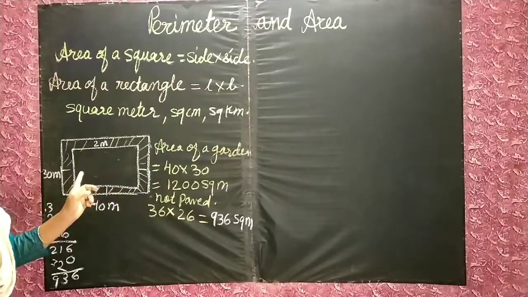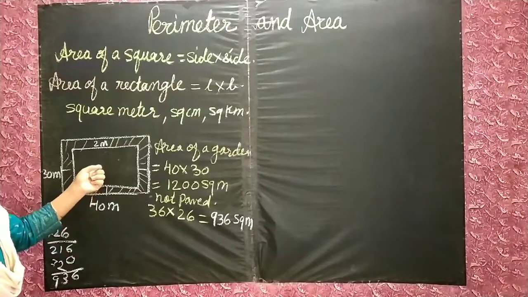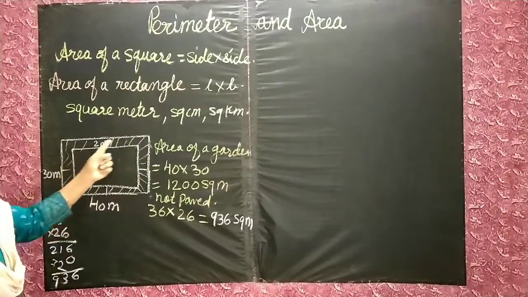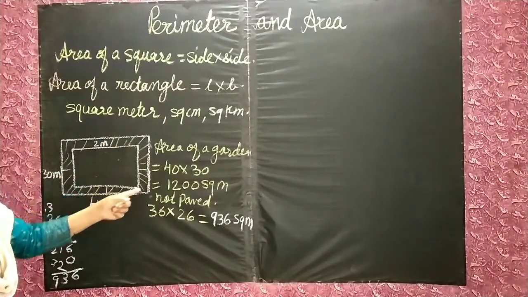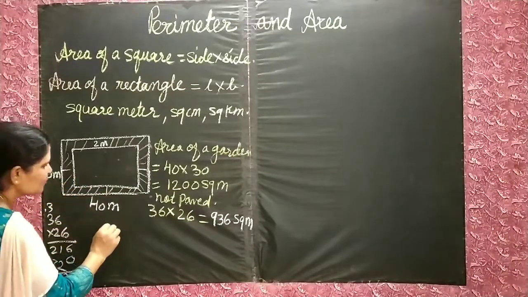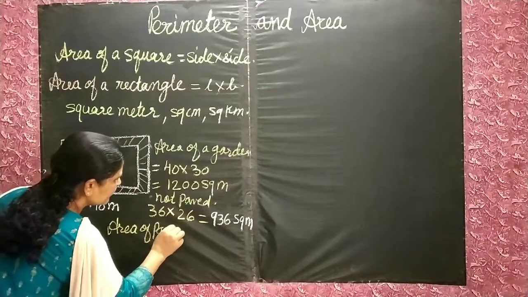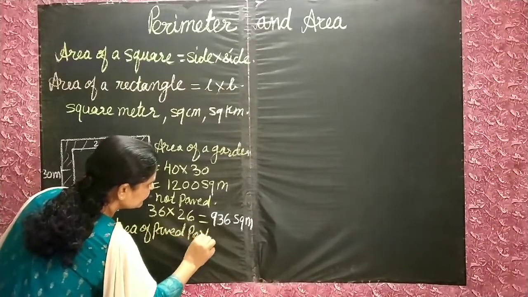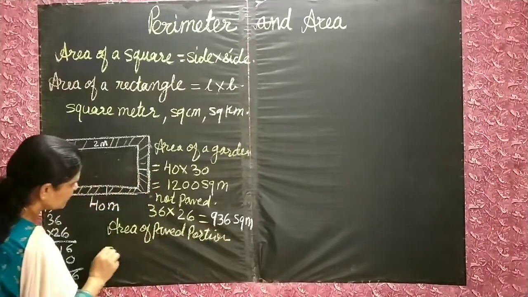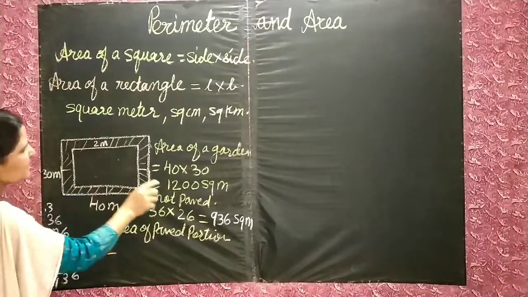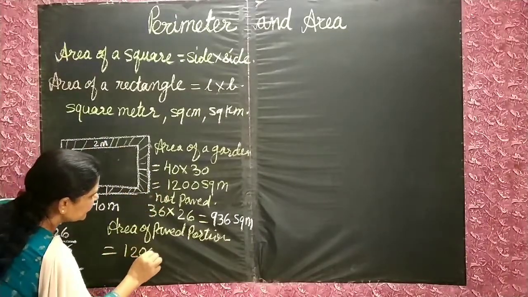area. So the area of this paved area, where we are going to put the tiles, is equal to the total garden area minus the area which is not paved. What is the area of the total garden? 1200.